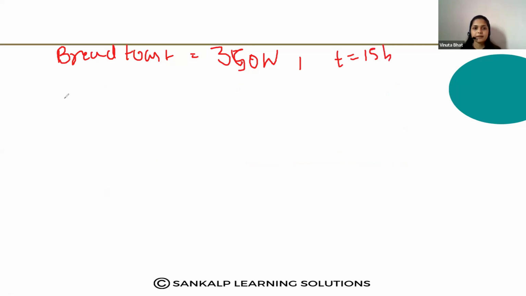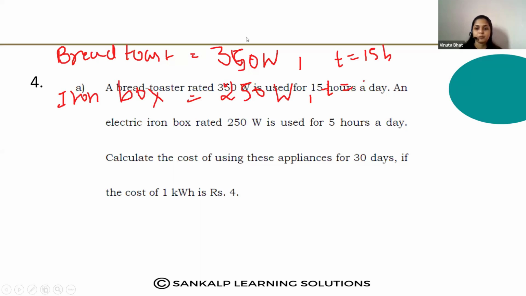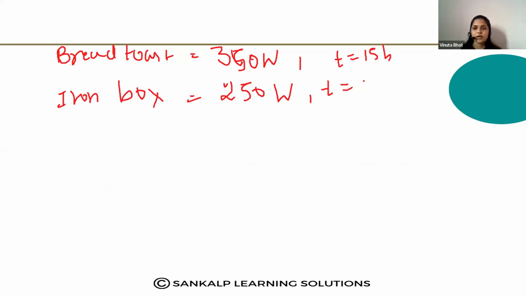Then the iron box has 250 watt power, and its time used is 5 hours. This is the given data.